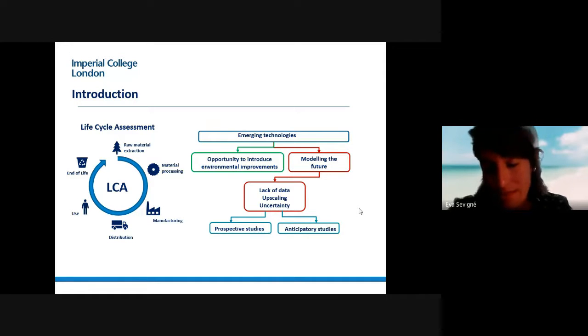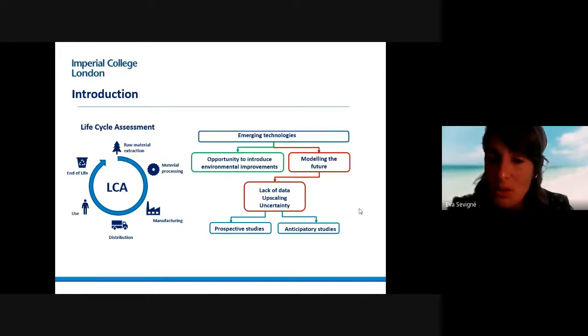And that means that these technologies are under development, they are under deployment. On one hand, this is positive because it gives you an opportunity to introduce environmental improvements when it is easier and cheaper. But on the other hand, it is also very challenging because it implies modeling the future.